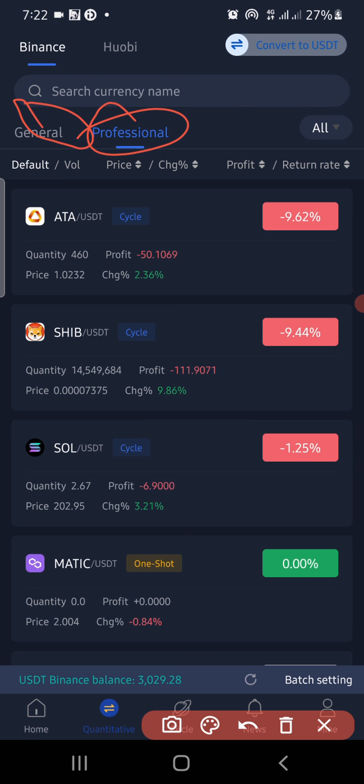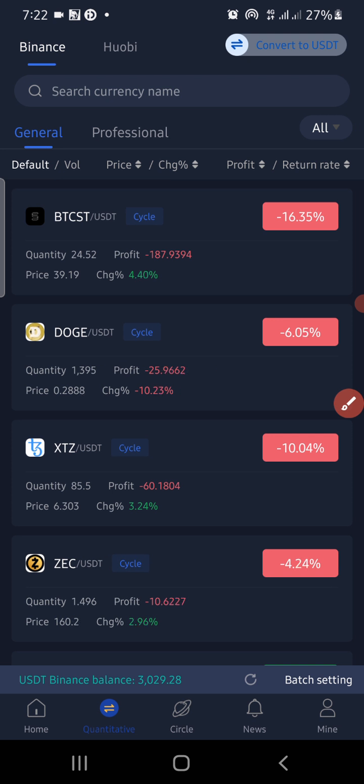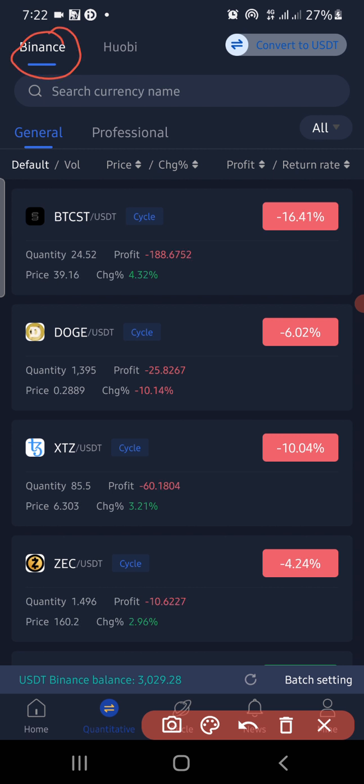So if you are searching for a coin and you don't see it under professional, you will definitely see it under general. So if you are bound your ROYALQ to Binance, you should ensure that it's on Binance. If it is Huobi, you should ensure that it's on Huobi for you to trade.